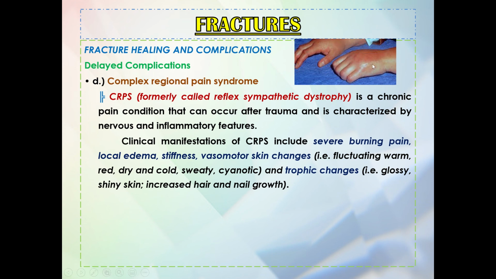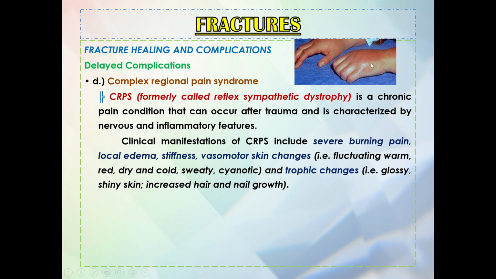So yung manifestations ng CRPS or complex regional pain syndrome includes severe burning pain. So ito yung kinocomplain ni patient. Severe burning pain, local edema, such as in this picture, tapos stiffness and vasomotor skin changes, fluctuating warm, red, and cold, sweaty, and cyanotic, and trophic changes, such as glossy, shiny skin, increased hair, and nail growth.